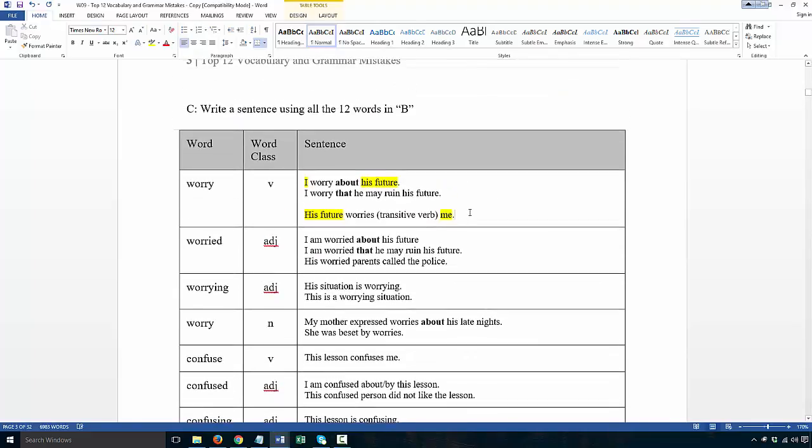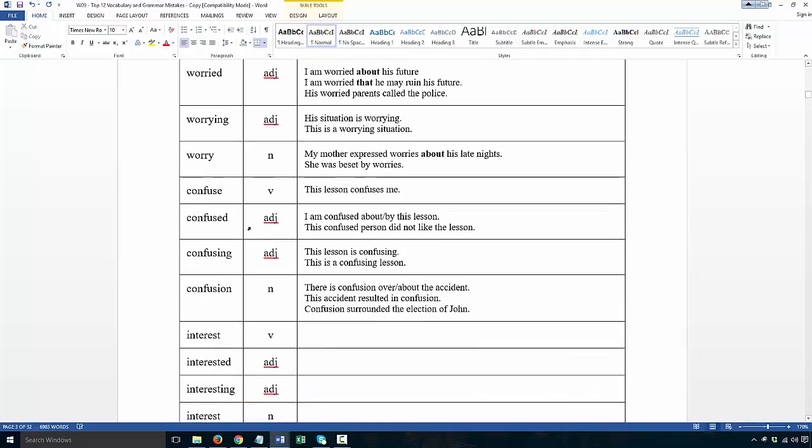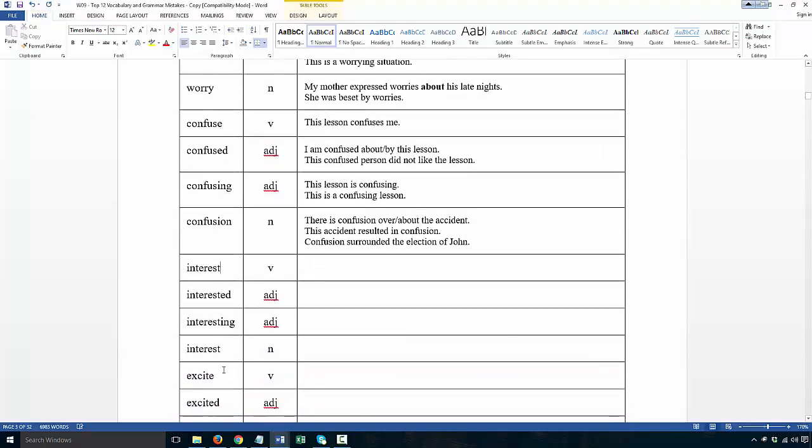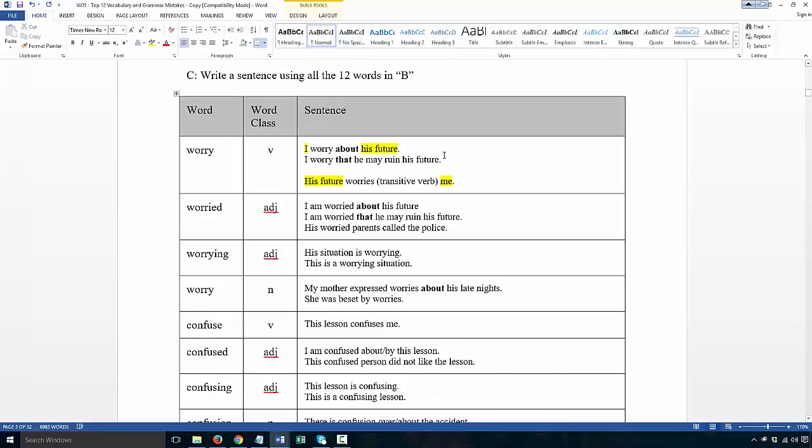It's going to be the same way you use the second method of using worry. His future worries me. But okay, do not get confused by this. You can't use this pattern for confuse as a verb. You can't use this pattern for interest as a verb. You can't use this pattern for excite as a verb. This is a different way of using it.